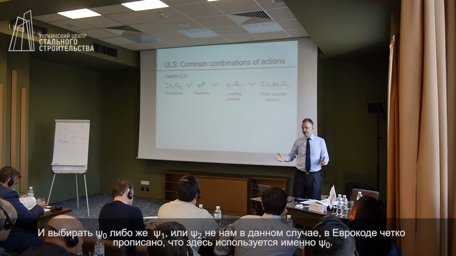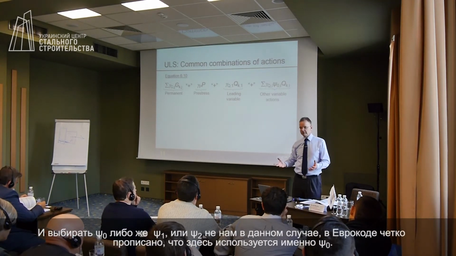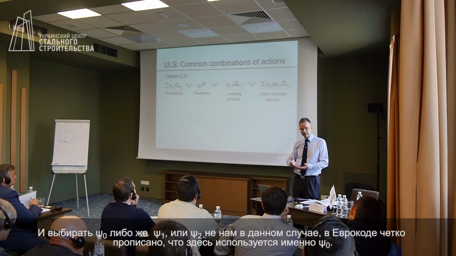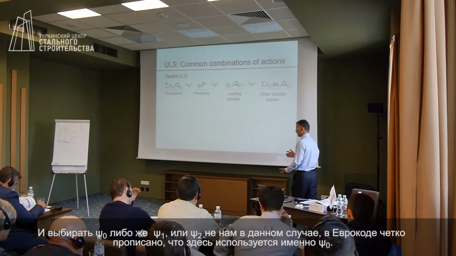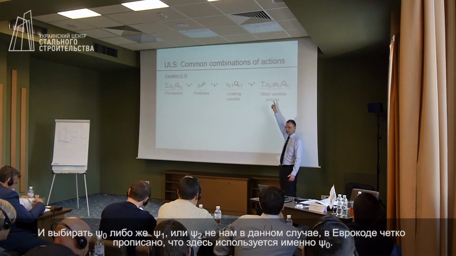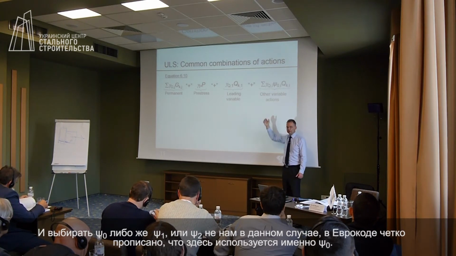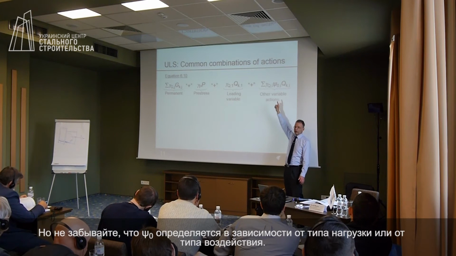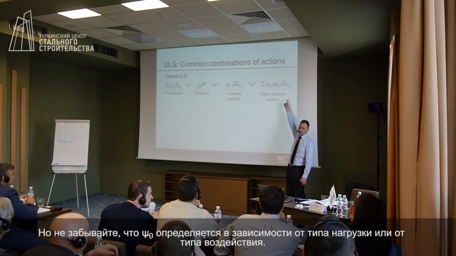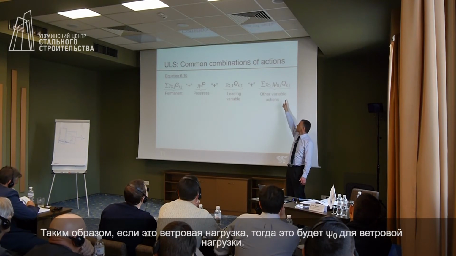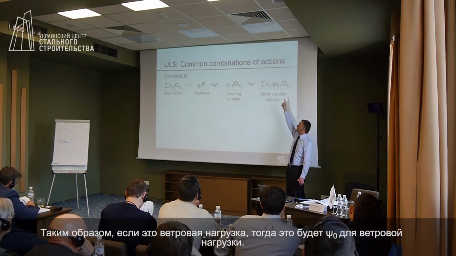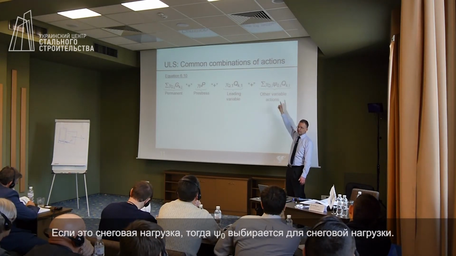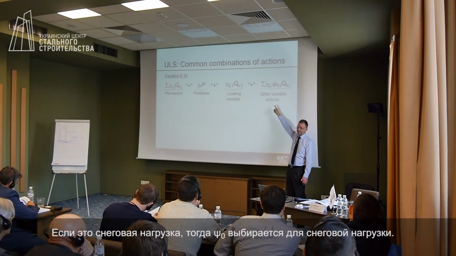And notice it's not our choice, ladies and gentlemen, whether it's psi naught, psi 1 or psi 2. The Eurocode says, in this one, you must use psi naught. But notice that that psi naught will belong to whatever type of load or whatever type of action. So if this is wind, that will be the psi naught for wind. If this is snow, that'll be the psi naught for snow.